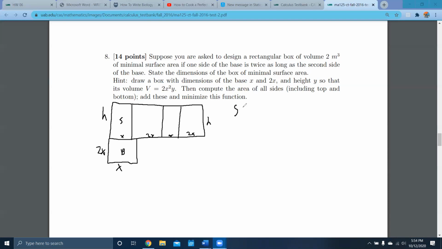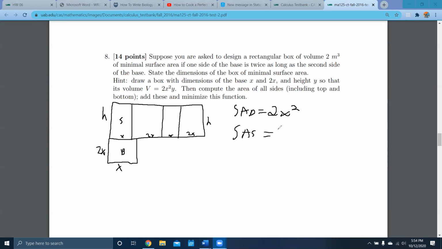So surface area of the bottom is going to be equal to length times width, so it's going to be 2x squared. Now, the surface area of the side is going to be equal to, let's see, we got x times h twice, and we have h times 2x twice.